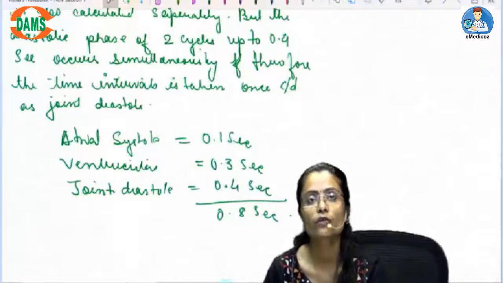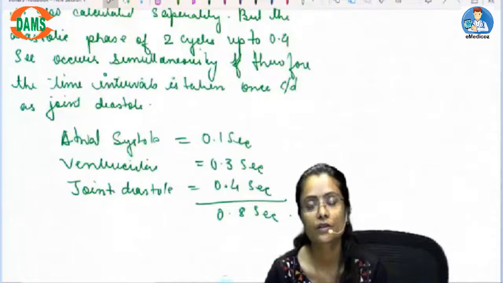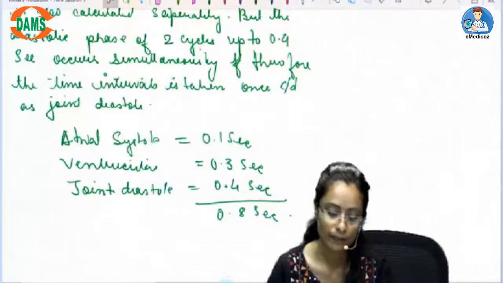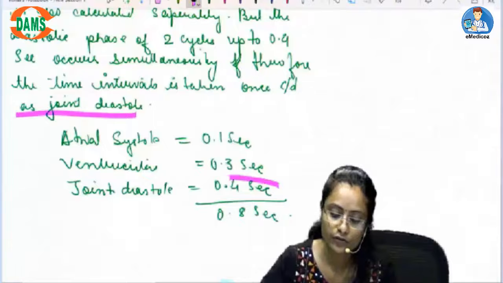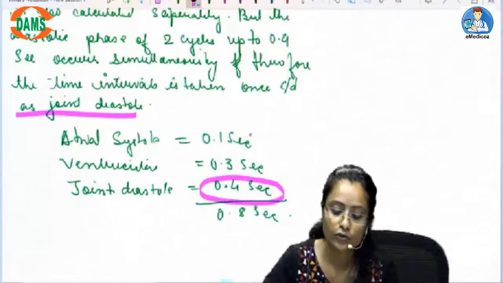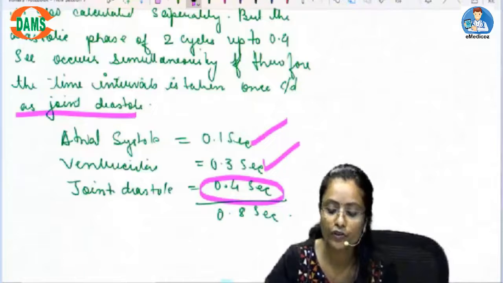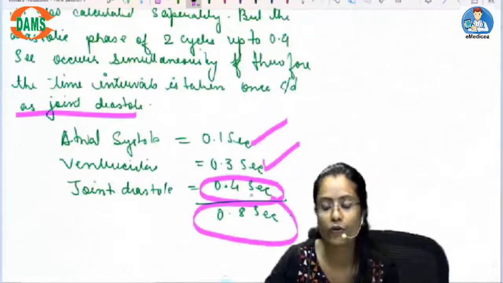The relaxation phases occur simultaneously, so the time interval is combined, known as the joint diastole, and this is 0.4 second. So this is 0.1, 0.3, these are independent, and this is the 0.4. The total is 0.8 seconds.